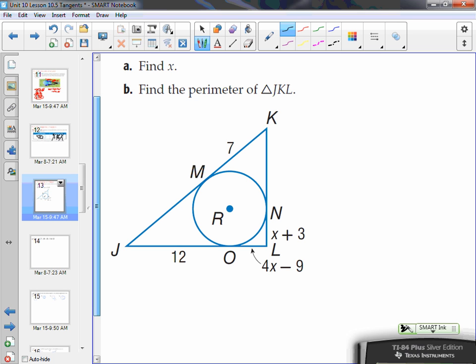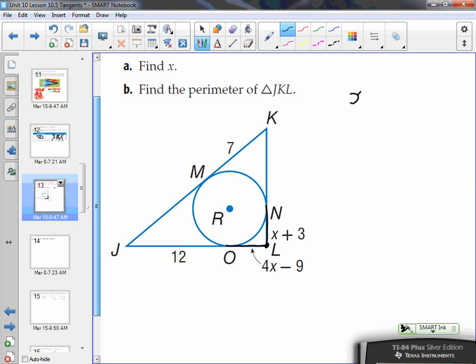Since each side is tangent to the circle, that means, let's concentrate on point L. See point L? Point L is an exterior point. LN is a tangent segment. LO is a tangent segment. Since they're tangents from the same exterior point, those two segments are congruent to each other.